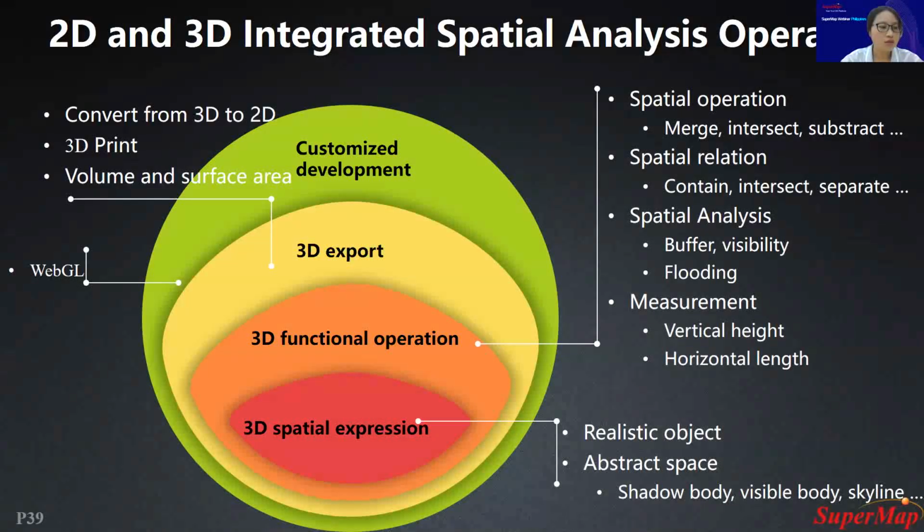The second aspect is 3D functional operation, which includes spatial operation and spatial relation judging, spatial analysis, also the 3D measurement. Also 3D data can be converted to 2D and also can realize the 3D print as well as volume computing. Also customized development is supported with WebGL.